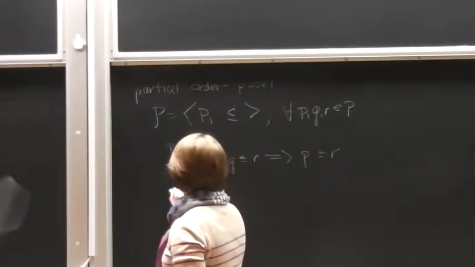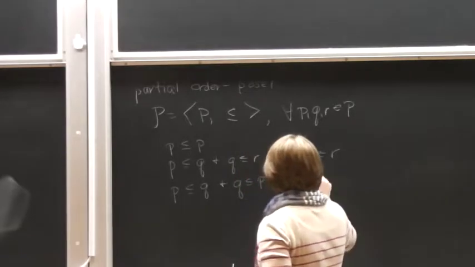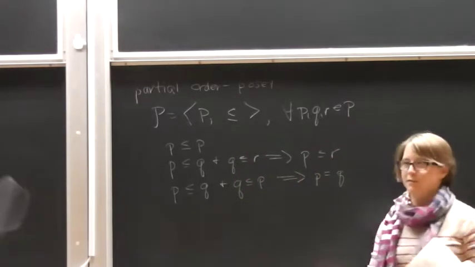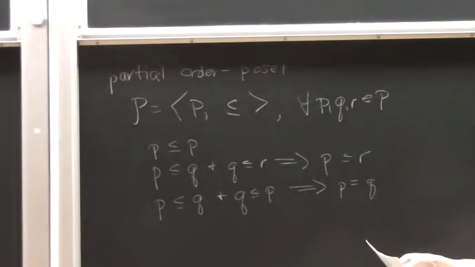Transitivity. And then finally, p less than or equal to q and q less than or equal to p implies that p equals q. So you can't have something below and above. So these are the axioms of a partial order.